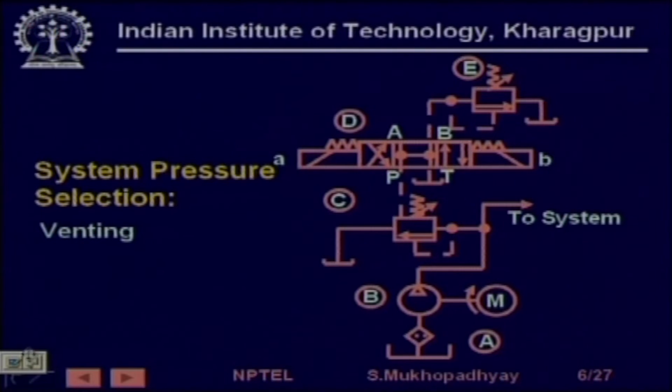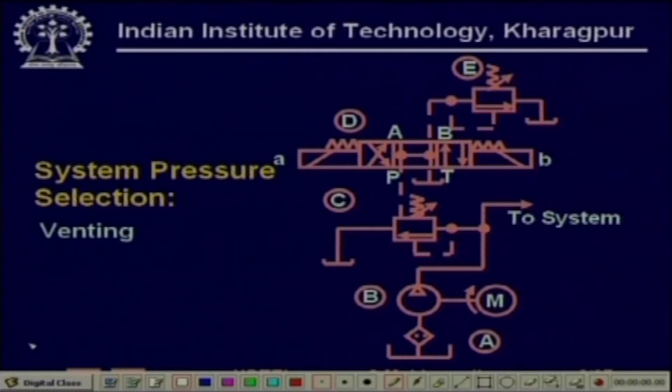So, here is the circuit first for the vent mode. So, in the vent mode, what is happening? Look at this circuit. What components do we have? We have the tank and the reservoir here, we have the pump, we have the motor, we have a relief valve, and this is where it goes to the system.